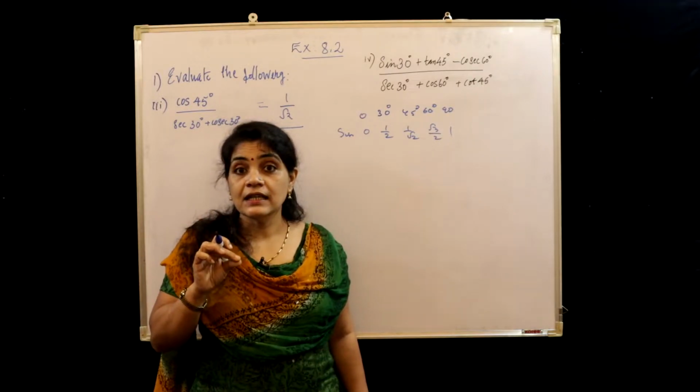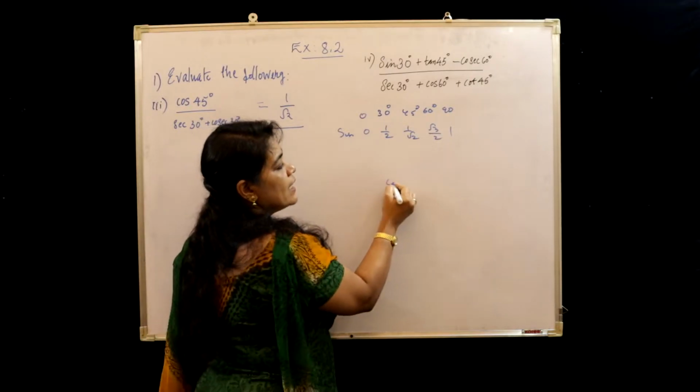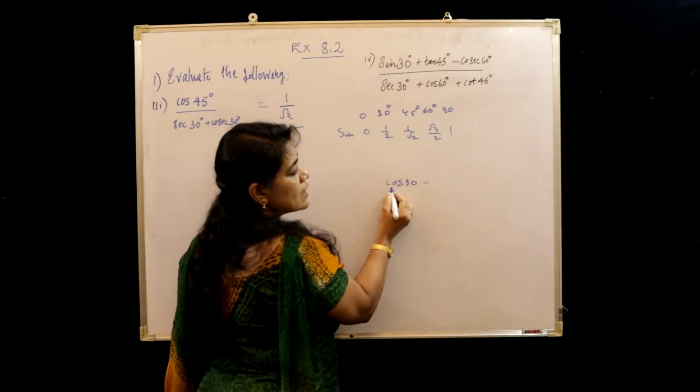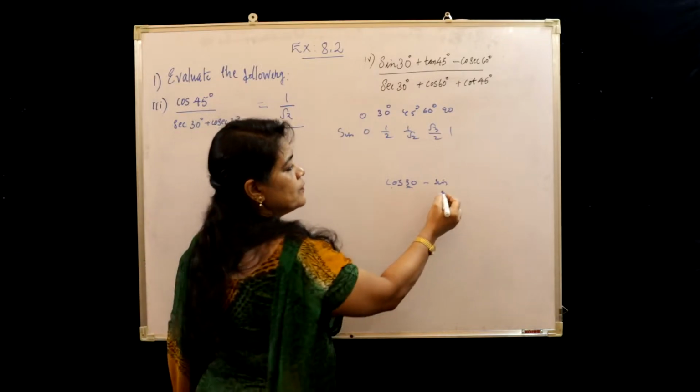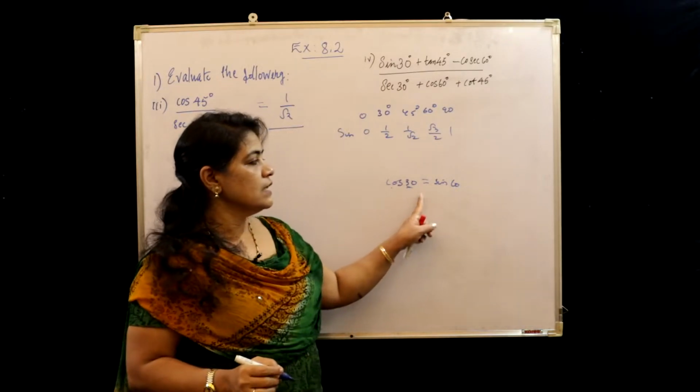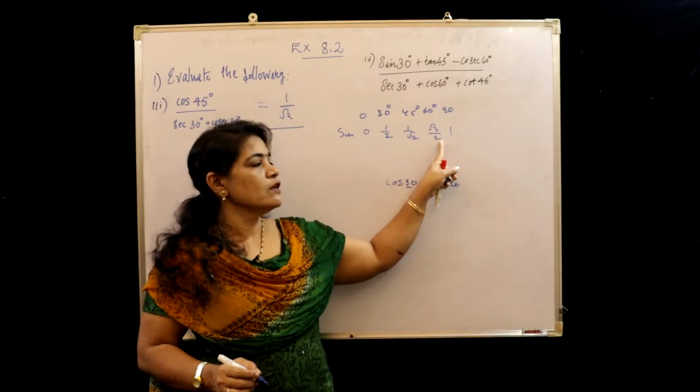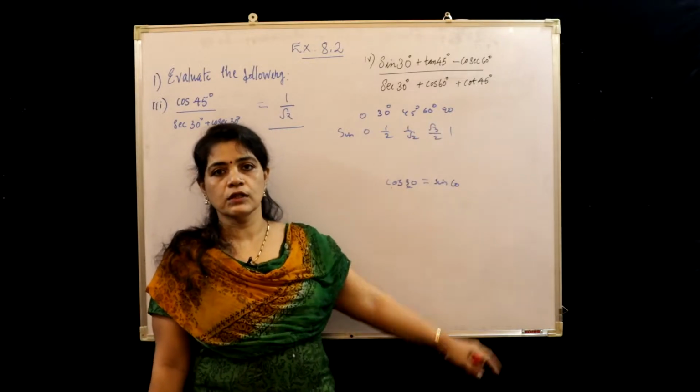So cos 30 and its complementary angle: cos becomes sine and the complement of 30 is 60. So cos 30 equals sine 60, and what is the value of sine 60? That is root 3 by 2.